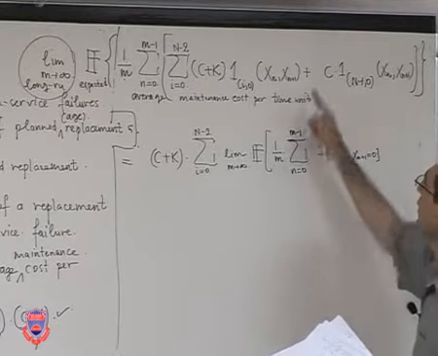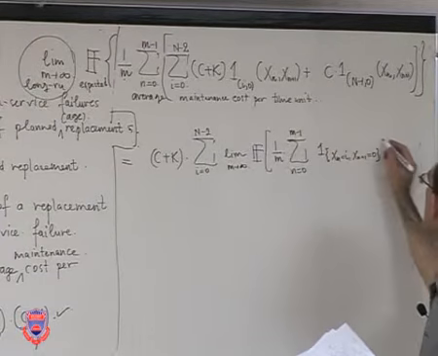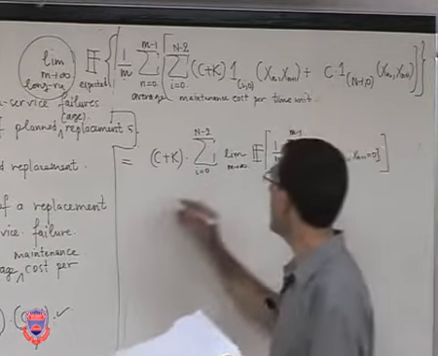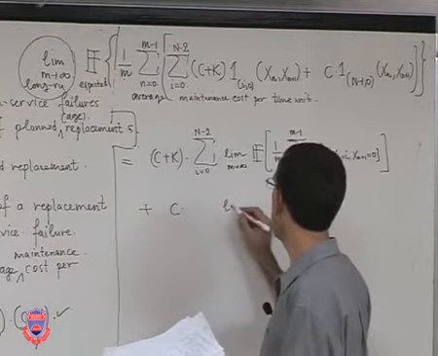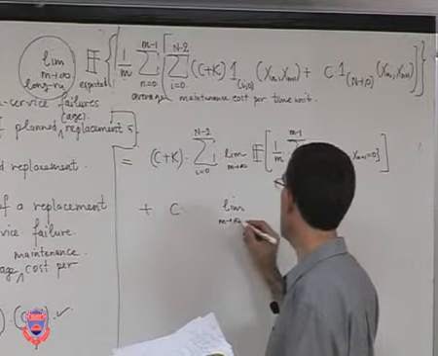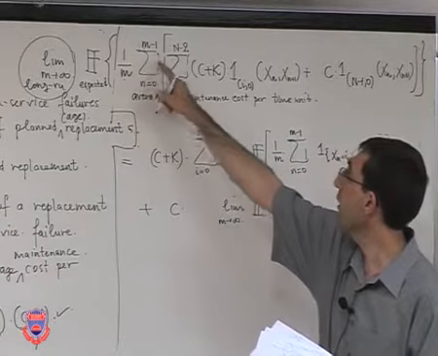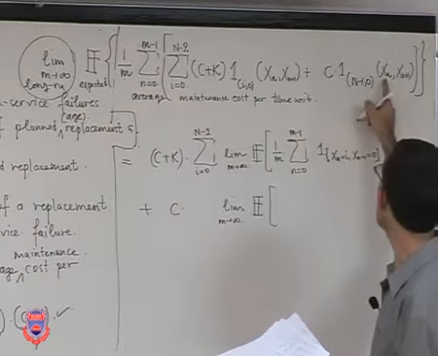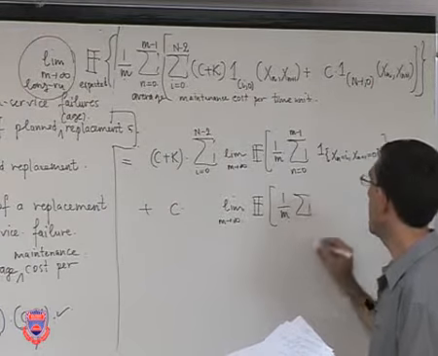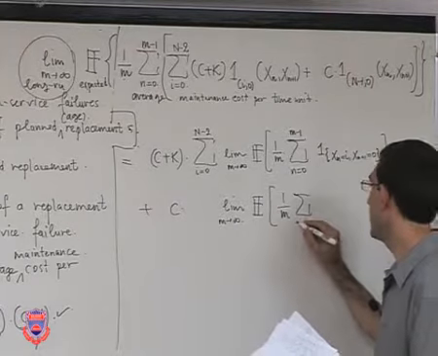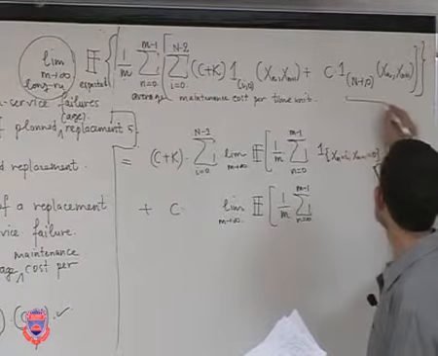So we can break this expectation, summation, expectation. For the second term, I have only c times, I don't even have a sum. I have just the limit as m goes to infinity of the expected value of 1 over m times the sum over n, so I have to keep that inside the expectation, for the time being at least.